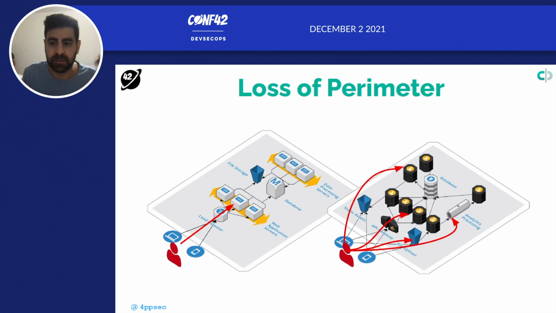At least 90%. When you talk about serverless, you lose the perimeter. That means the attacker can get into your code from different things that you haven't thought about before.